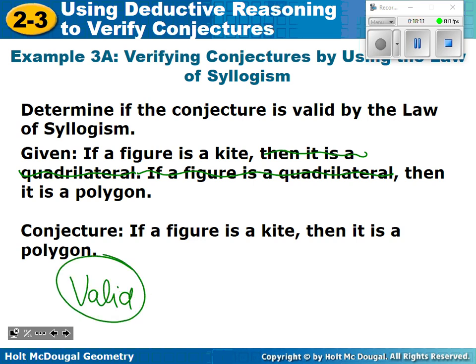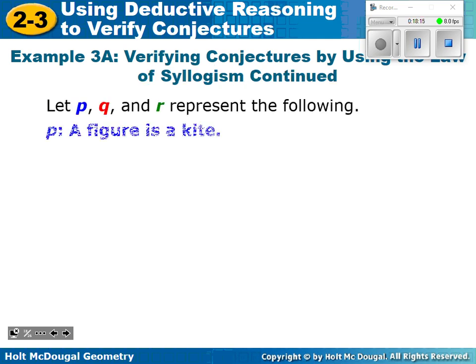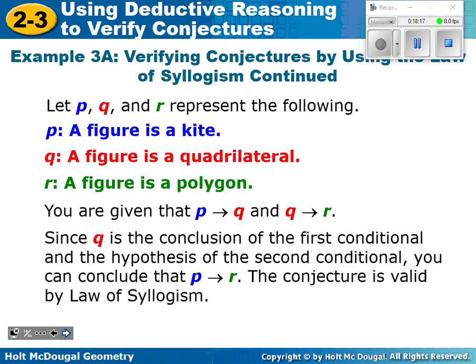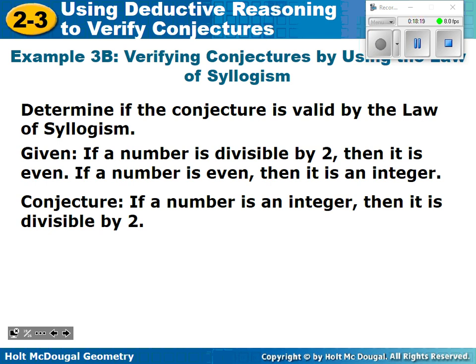Does that make sense? Law of syllogism? Okay. Look at the next one. Decide if that is valid or invalid with your partner. Marking it out.